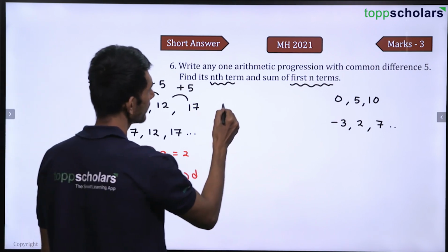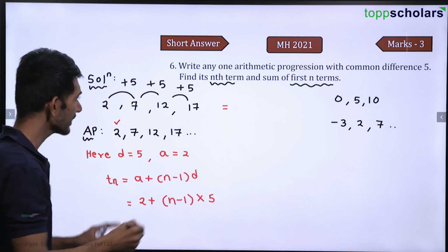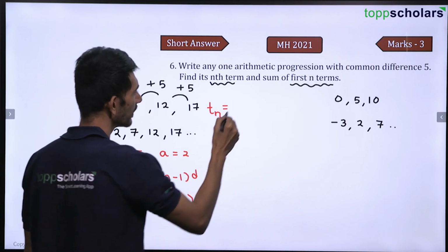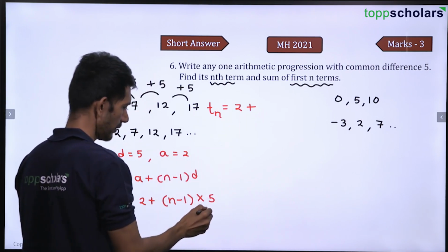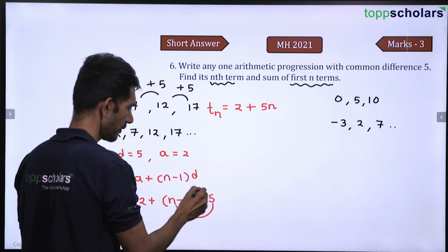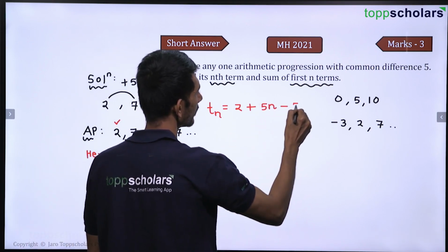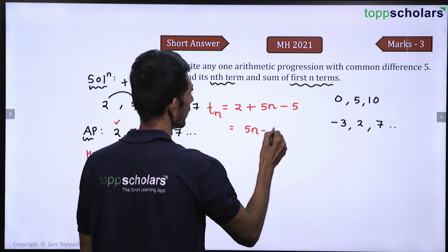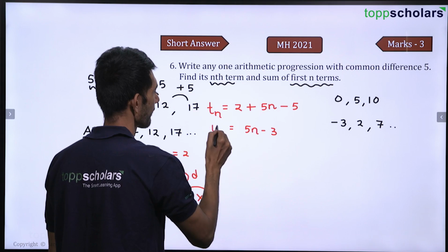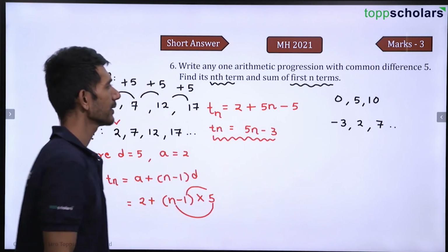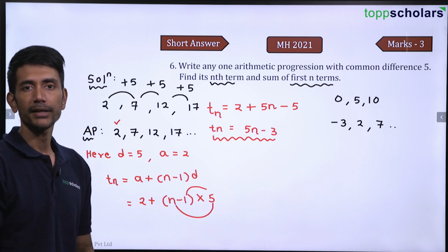So we get Tn is equal to 2 plus 5 into n is 5n. 5 into minus 1 is minus 5. That is equal to 5n minus 3. So that is your Tn, right? Tn is 5n minus 3.